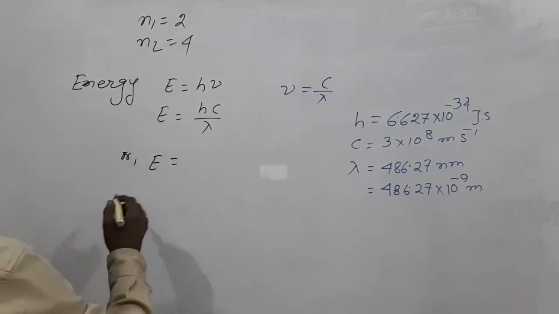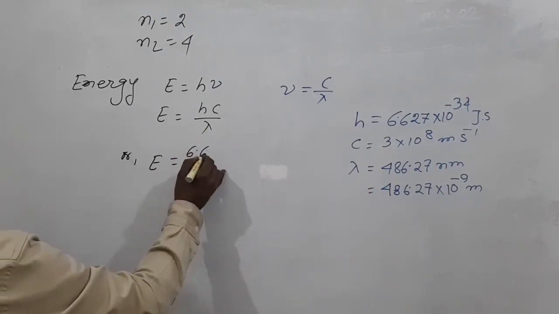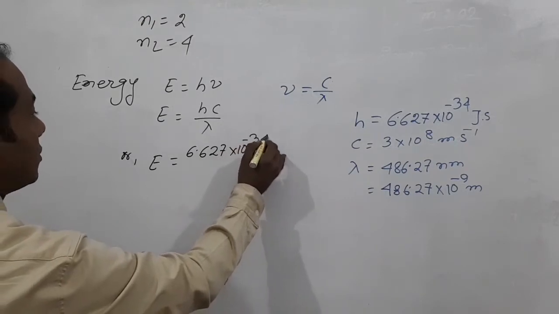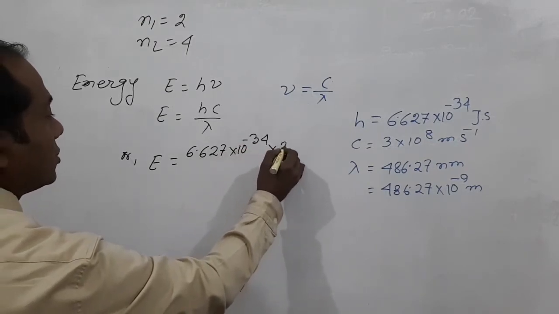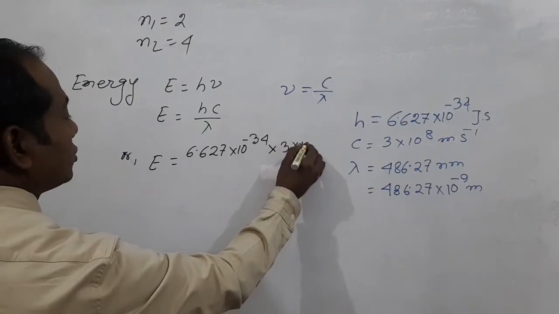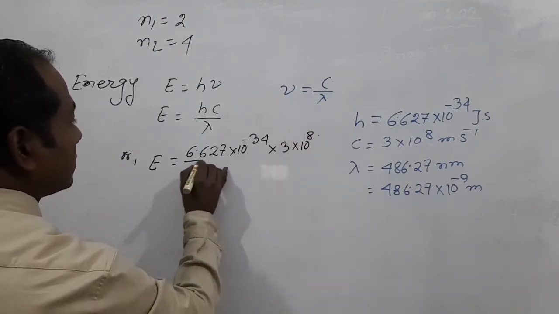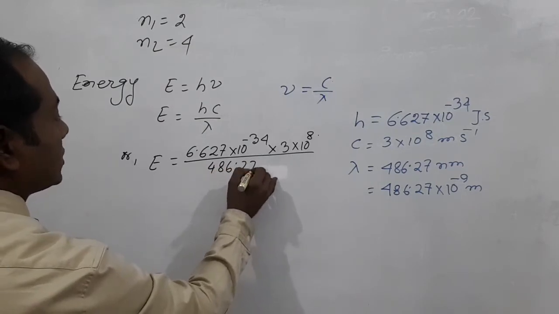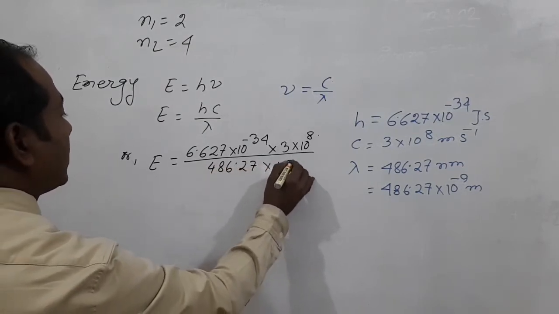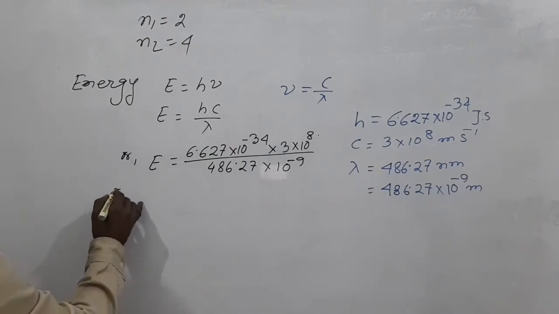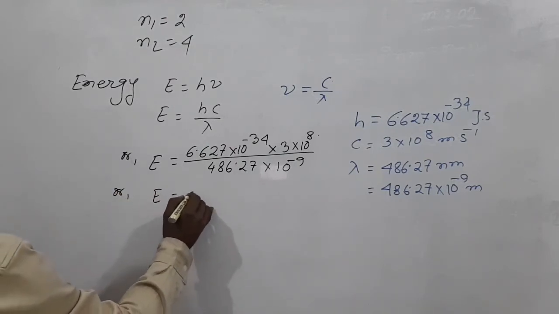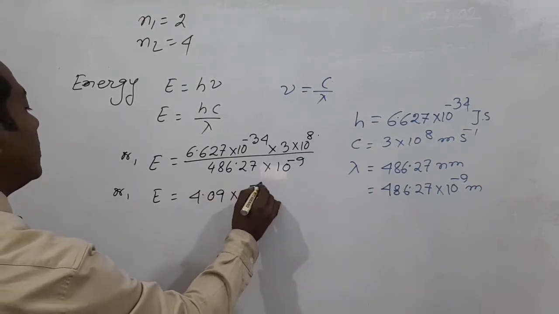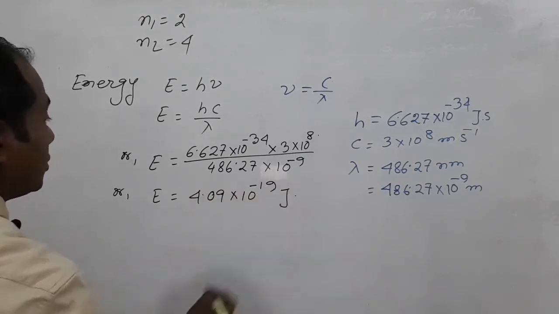E equal to 6.627 into 10 to the power minus 34 into 3 into 10 to the power 8 divided by 486.27 into 10 to the power minus 9, and we get the value E equal to 4.09 into 10 to the power minus 19 joule.